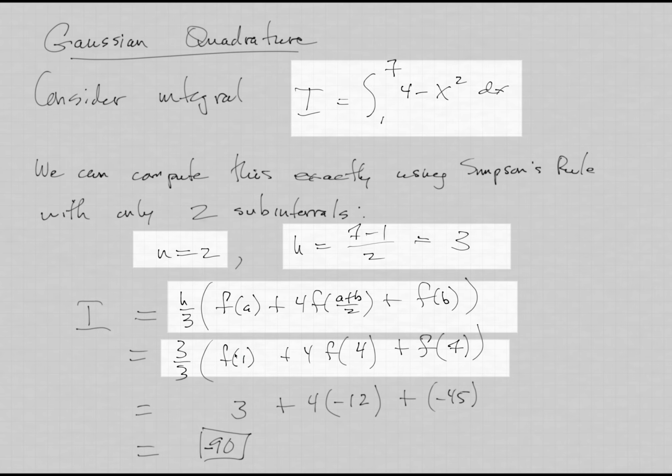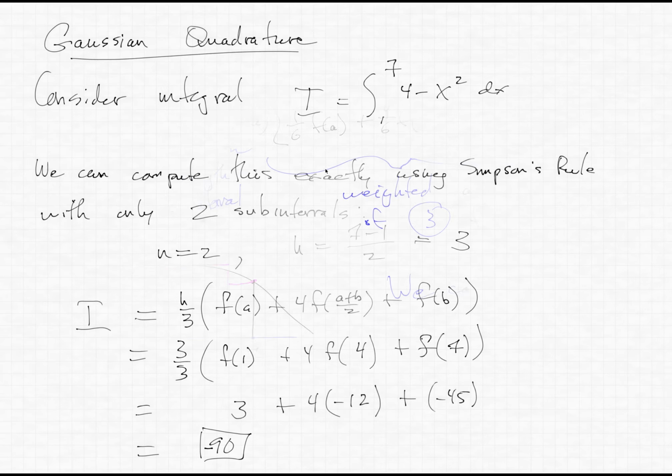And we get f of 1, which would be 3. 4 times f of 4 would be 4 times negative 12. And f of 7 is going to be negative 45. And you add it all up, and you get the final answer, negative 90. And, of course, you can check that by integrating it the old-fashioned way, symbolically, as I taught you to do in calculus. And you'll get the same answer of negative 90.